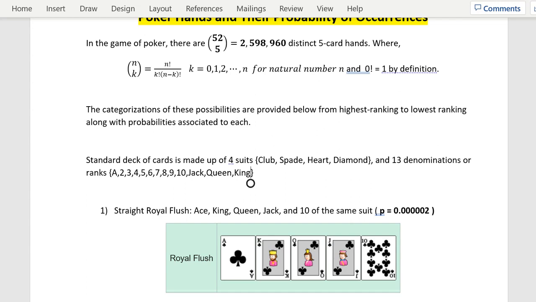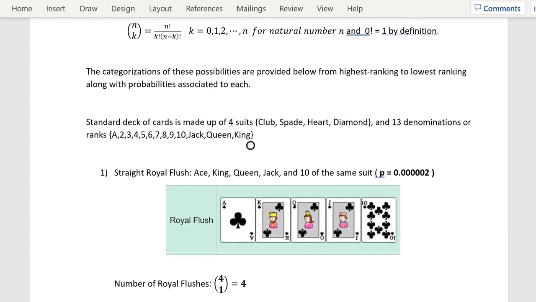So in other words, if they dealt you 1 million hands, you would expect 2 of those to be a royal flush. A royal flush is when you have ace through 10 in any one of the suits, but they all must belong to the same suit. So how many royal flushes are there? There are what we call 4 choose 1.